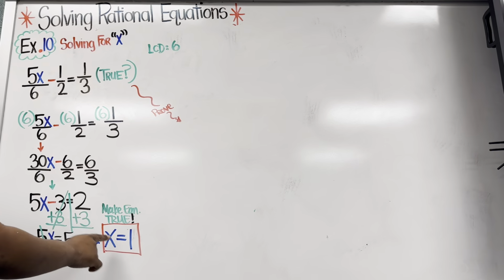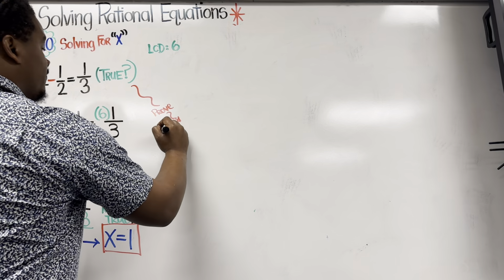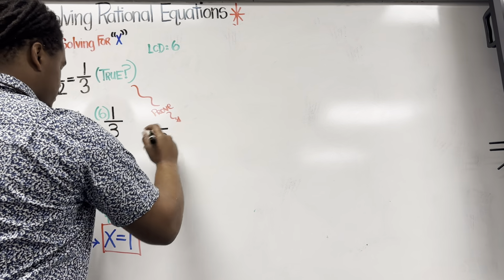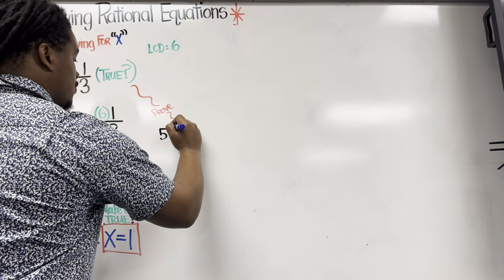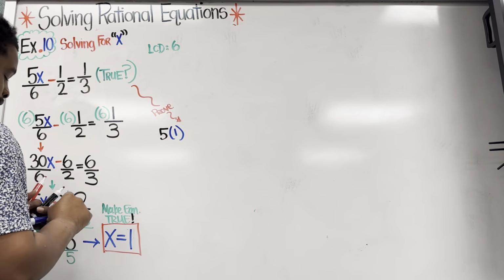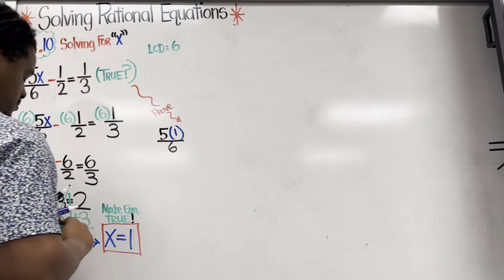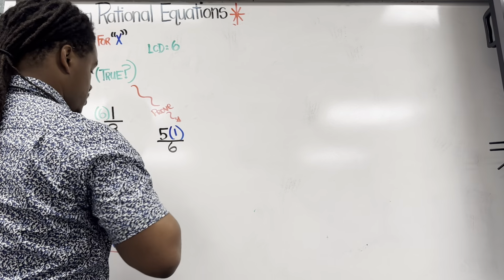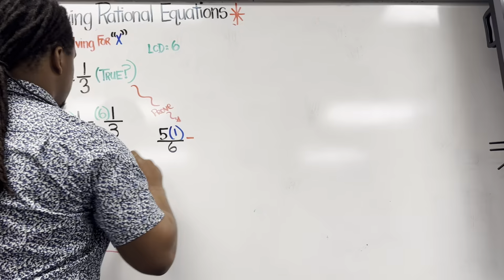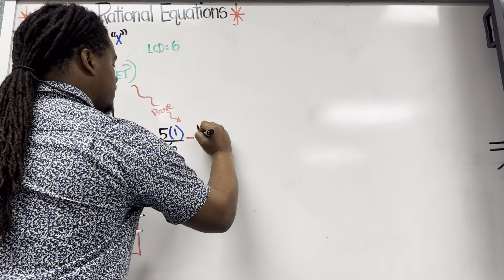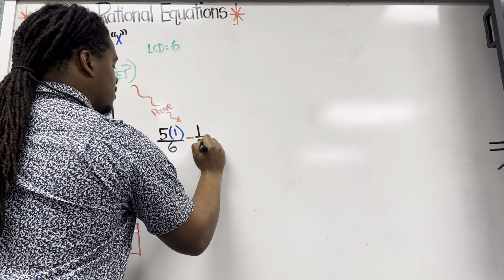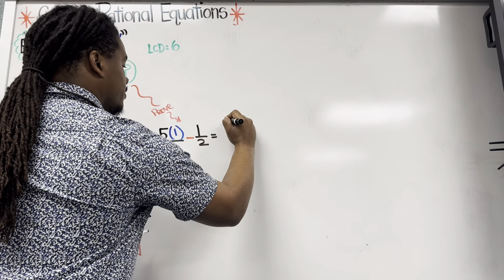So remember, we're going to plug in 1 as x, so that's going to be 5 times parentheses 1, remember 1 is x, over 6, minus 1/2, equals 1/3.